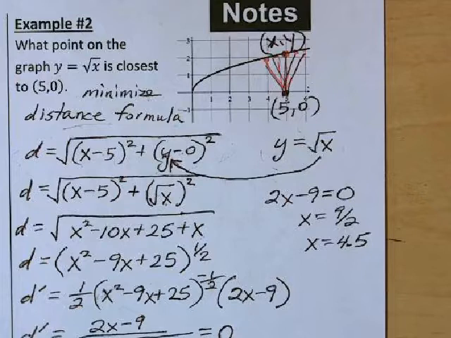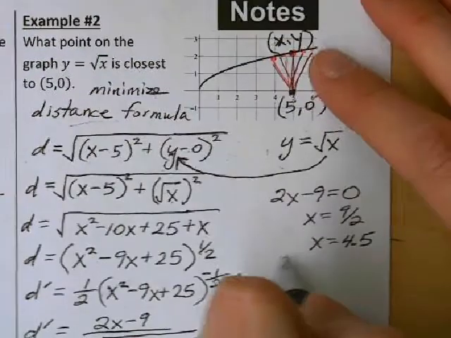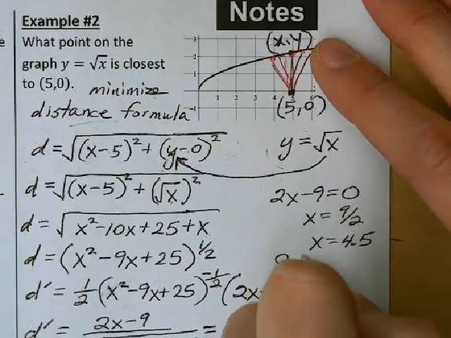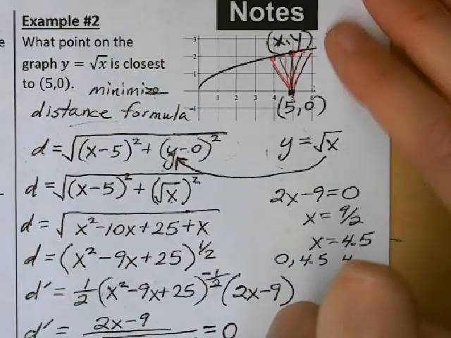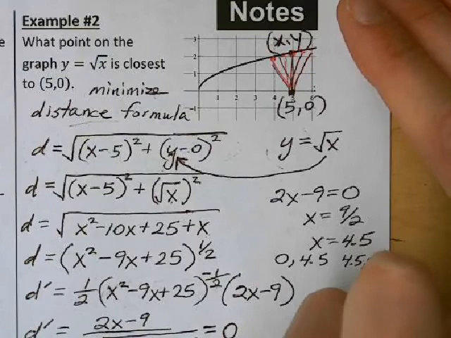And then keep in mind that your domain on this one, your x, we're not going to go to negative infinity this time because the graph started at 0. The domain of this graph goes from 0 to infinity. So we're just going to go from 0 to 4.5 and then 4.5 to infinity for our little intervals. Kind of squeeze that in there.